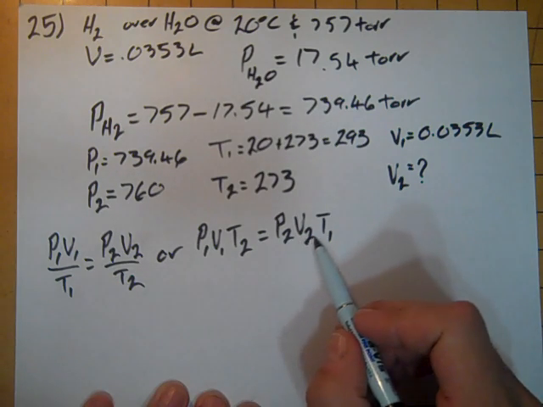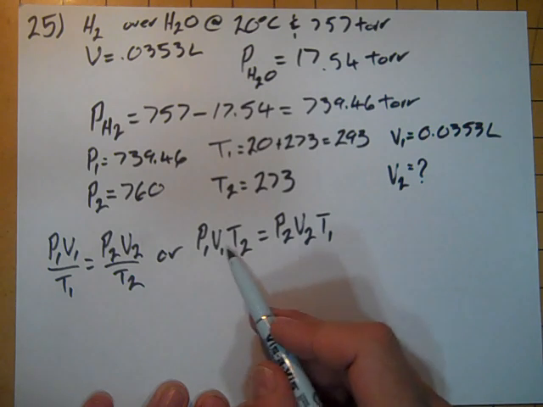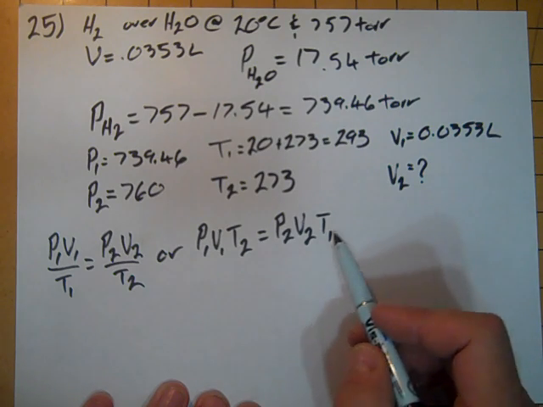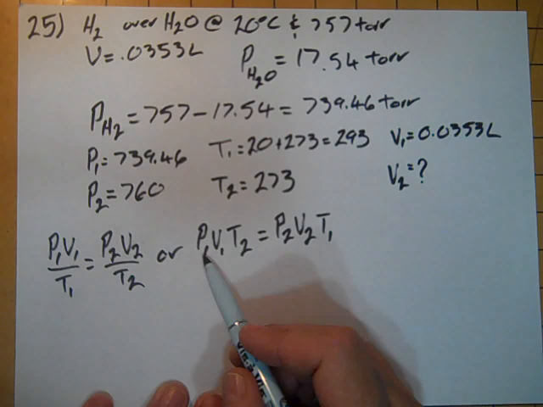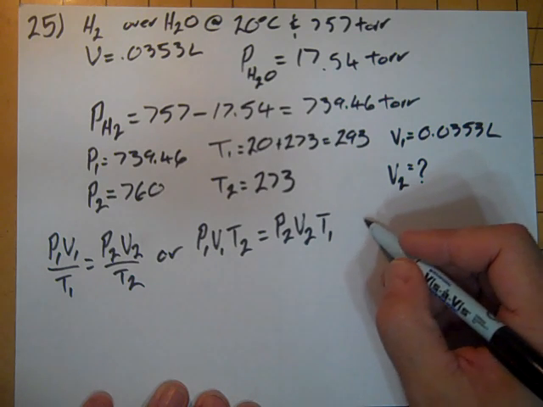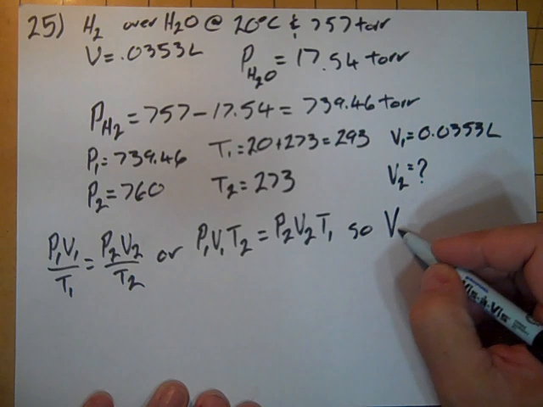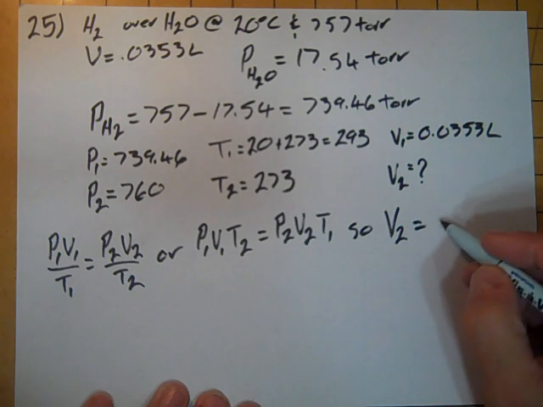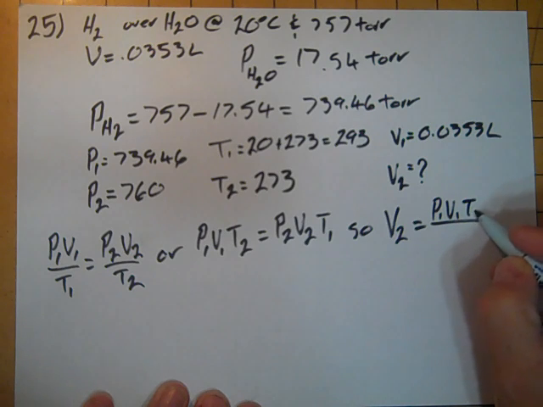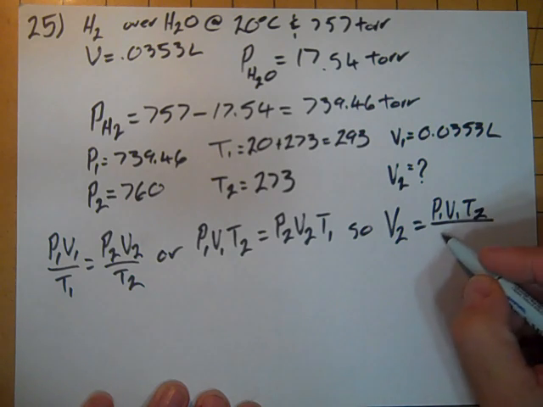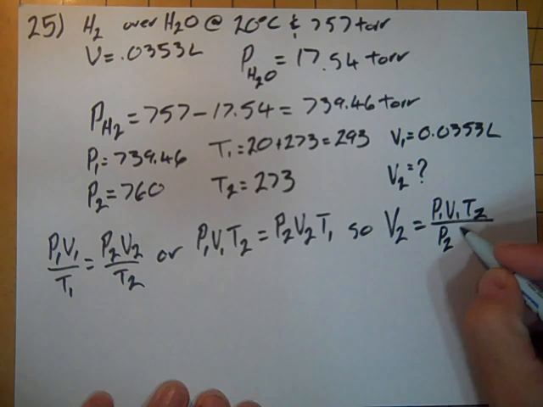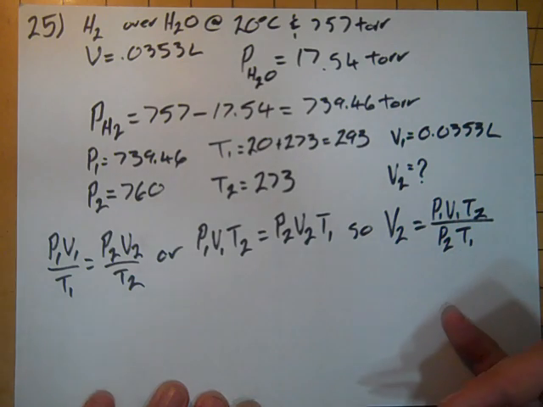And since I'm looking for V2, this makes it easy because all I have to do is move P2 and T1 onto the denominator on this side. So V2 ends up being equal to P1 V1 T2 all over P2 T1.